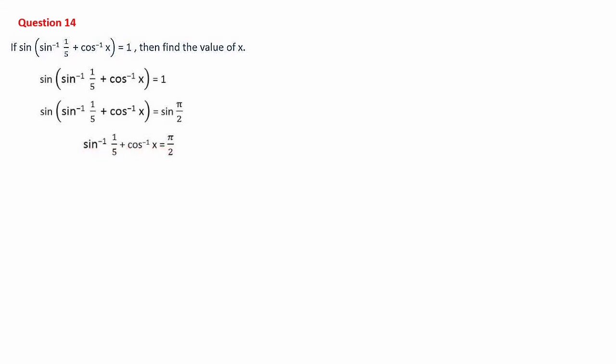From here directly also we can write, because sine inverse of a particular value plus cos inverse of the same value will be equal to pi by 2. Here this value and this value should be the same, then only we will get the angle as pi by 2, because we know the formula sine inverse x plus cos inverse x is equal to pi by 2. Here instead of x it should be 1 by 5. Directly also we can write, but we will go with the proper calculation.